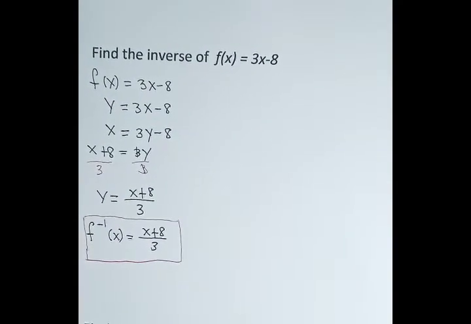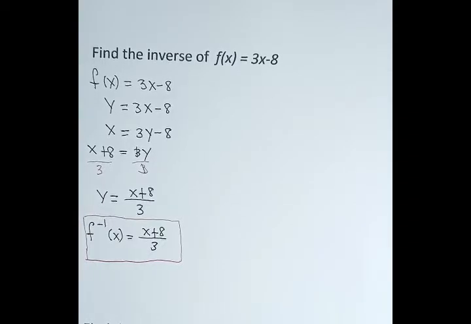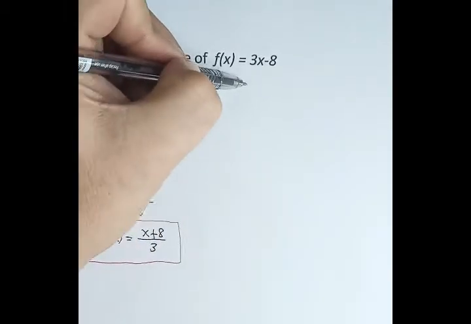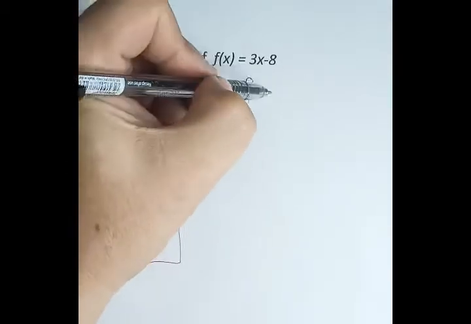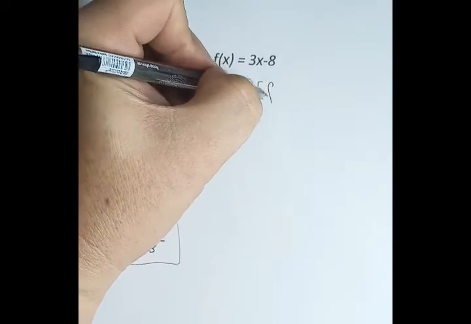This time we will verify our answer if this is really the inverse of this function. So to verify, we'll take the function of the inverse, and if it equals x, then our answer is correct. So what I mean is, you will take this function of the inverse function.